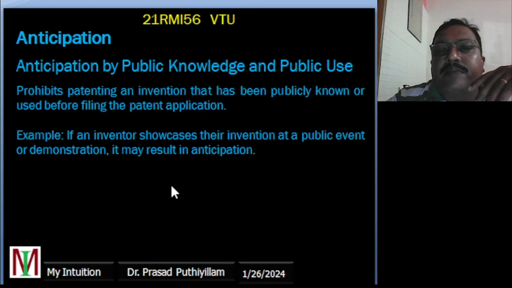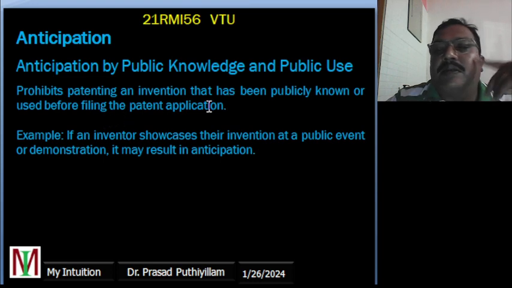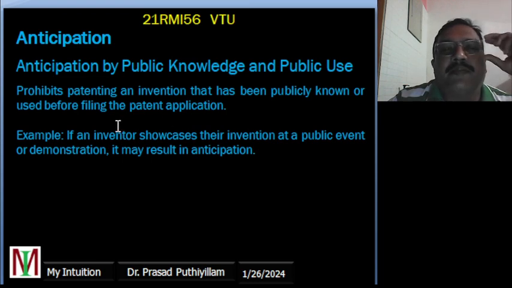Then anticipation by public knowledge and public use prohibits patenting an invention that has been publicly known or used before filing the patent application. For example, if an inventor showcases their invention at a public event or demonstration, it may result in anticipation.